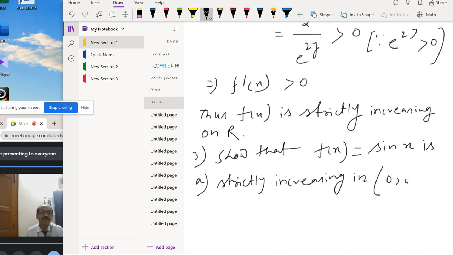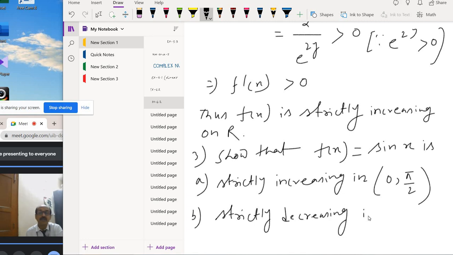Okay. Part B, the second one, strictly decreasing in pi by 2, pi.